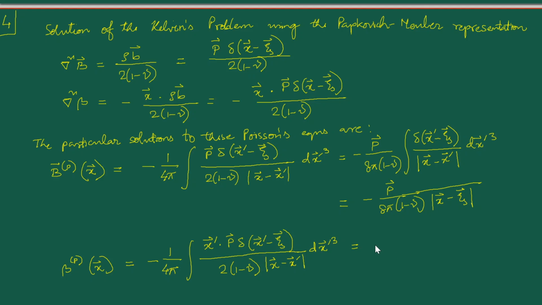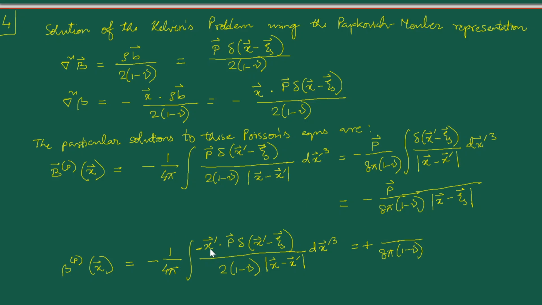Please note that there is another slight mistake. There is already a minus here, which is coming from the general form of the solution of the Poisson's equation. So there is actually a minus here also. So overall there is a plus here, and what we are obtaining is this. Again there is an 8 pi 1 minus nu, and in the numerator I don't have to write this 1.